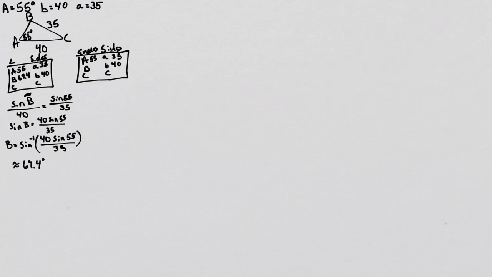All right, from here, we're going to jump over to the other box. Angle B in the other box is going to be supplementary to angle B in the first box. So to find this angle, we do 180 minus 69.4, and we get 110.6.